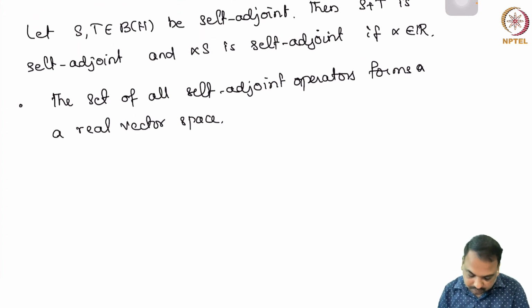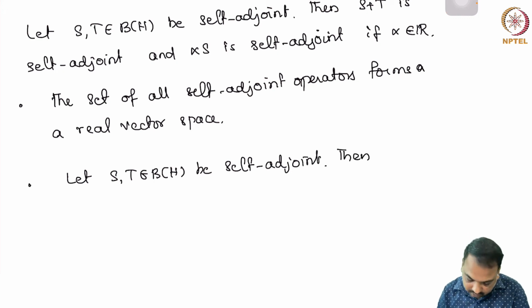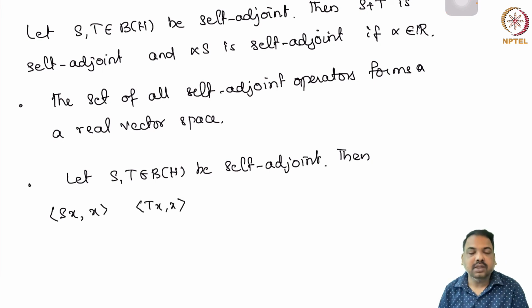Now let us look at two self-adjoint operators S and T. We don't know how to compare S and T directly, but we know the inner product of Sx with x is a real number, and the inner product of Tx with x is also a real number. So we can compare, because these two are real numbers; by the law of trichotomy, these two real numbers are comparable.